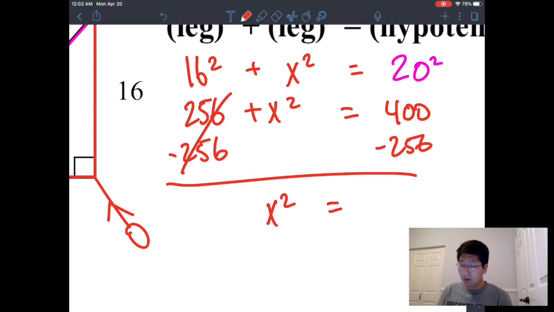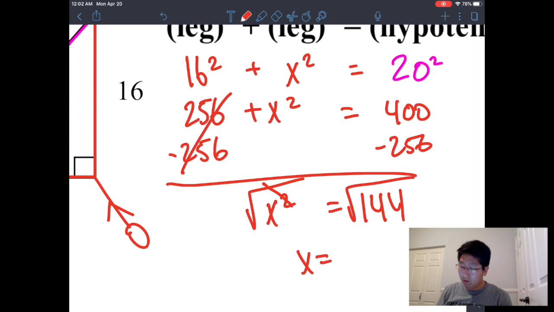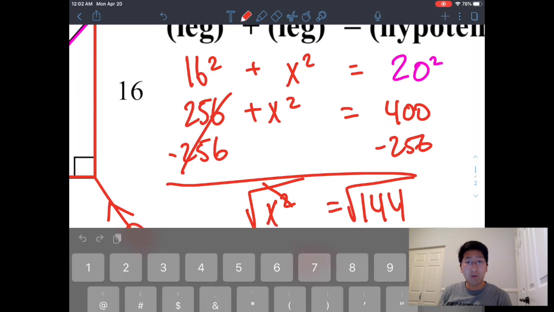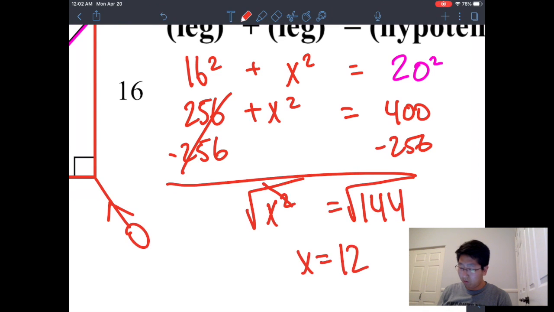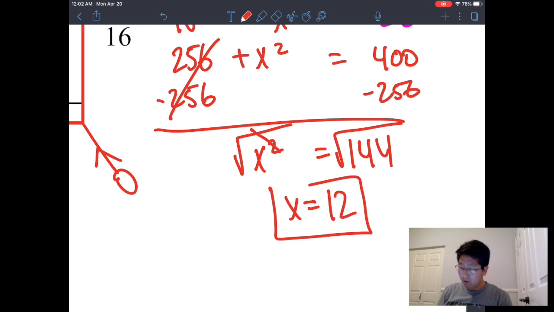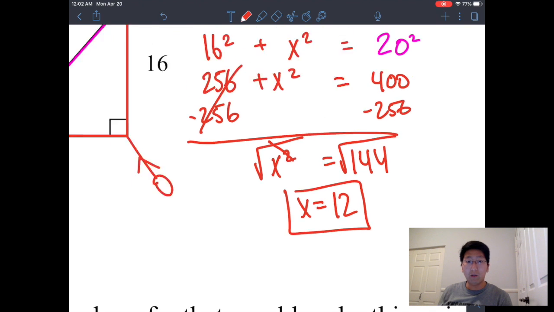X squared equals 400 minus 256, which is 144. To get x by itself, I need to find a square root, right? Because that will eliminate the squared. And x equals the square root of 144, which is 12. So our missing side length is 12.